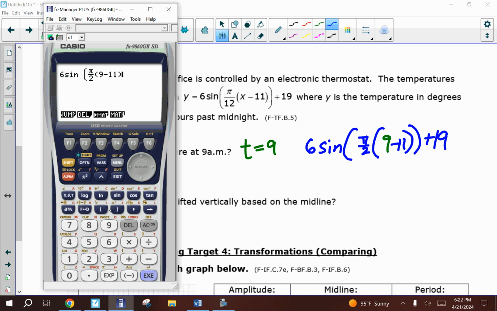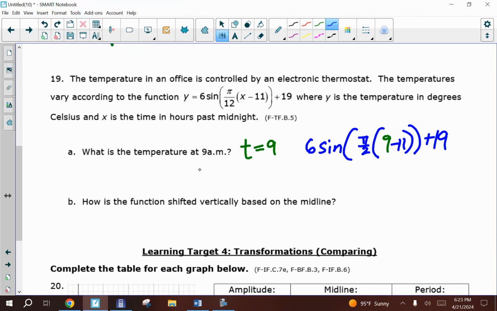Close the parentheses, close the second set of parentheses, and then plus 19. So the answer that it spits out is going to be the temperature, and that's in degrees Celsius. So it's 18.67 degrees Celsius.